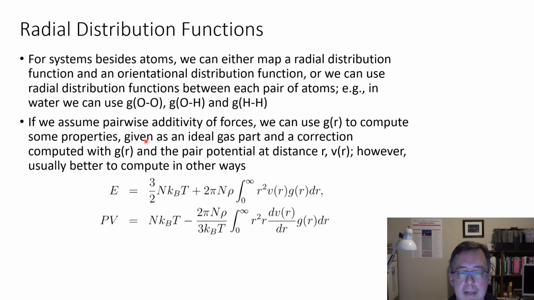I can give an ideal gas part of some properties, and then a correction computed via G of R. And so, for example, the energy of a system is something like 3/2 N kBT plus some correction, 2 pi N times rho, the density, times this integral, where I'm looking at the potential V of R between some particles, and G of R, this radial distribution function.